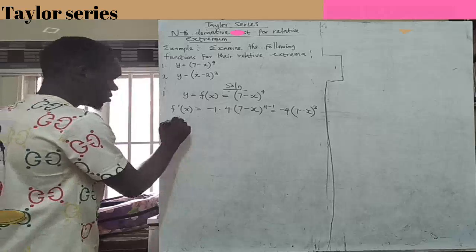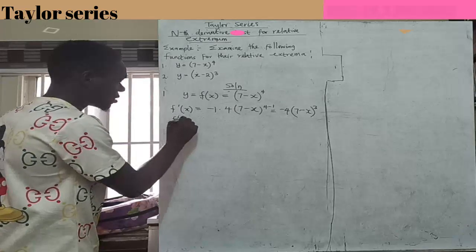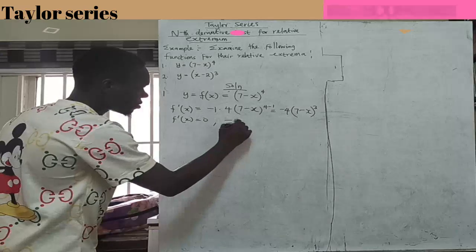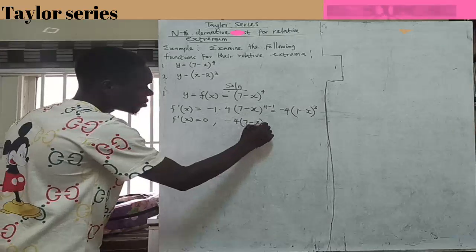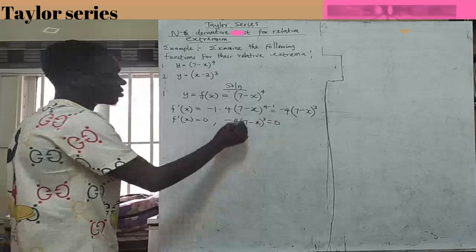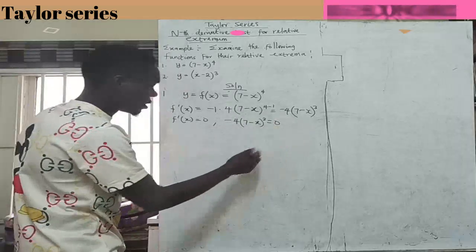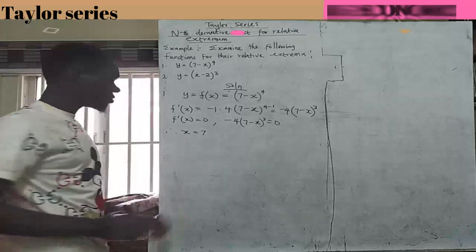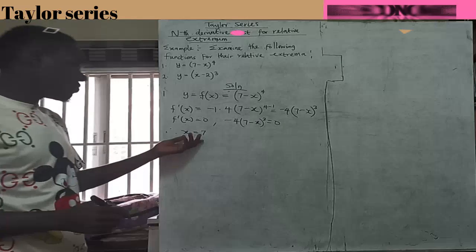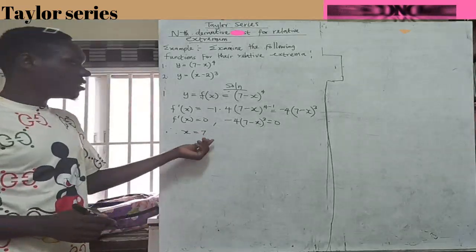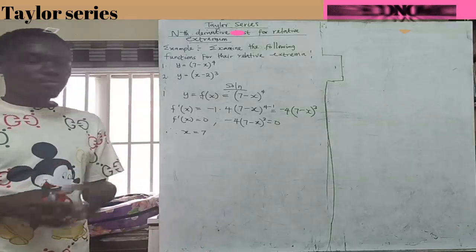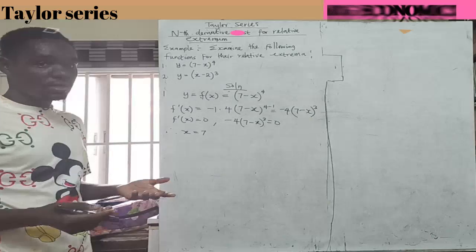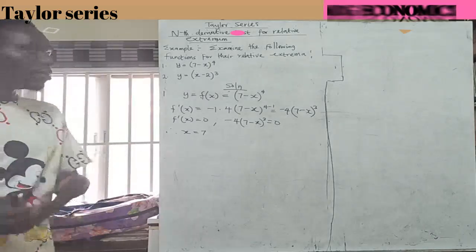When this is set to 0, this drops out, and then our x is 7. Now the question is, is the value of x at 7 truly a minimum or a maximum? Is it a relative minimum or a relative maximum?